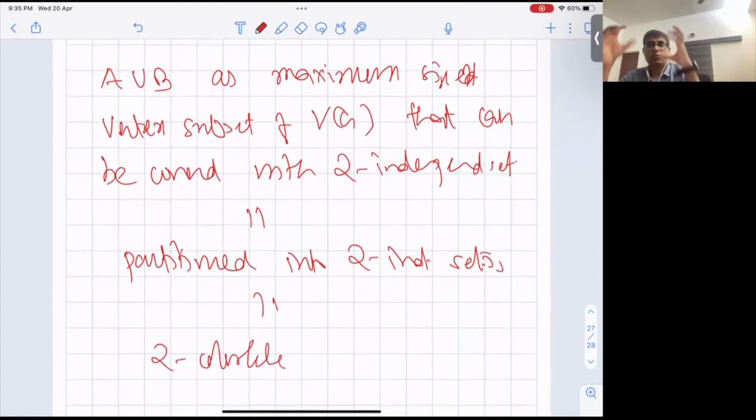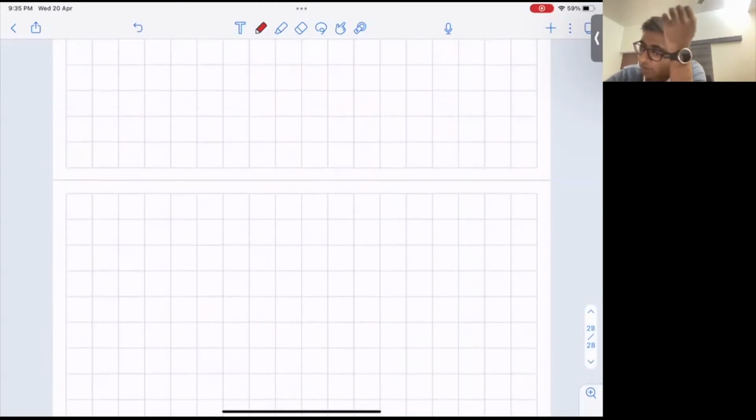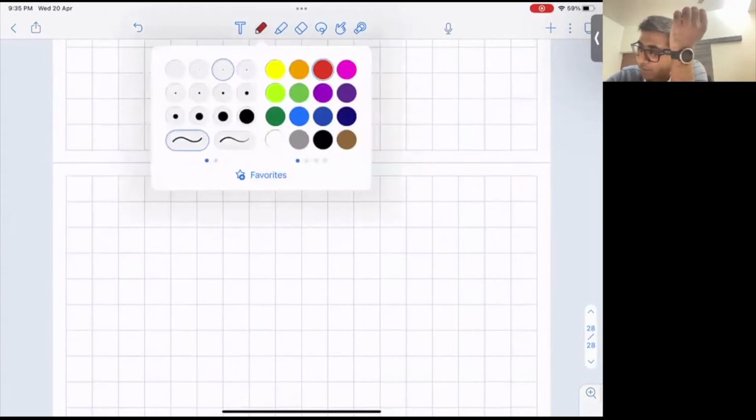So basically, what is this? It is a maximum sized object that does a certain job. Now it is a very tempting thing, no? Notice what happened.